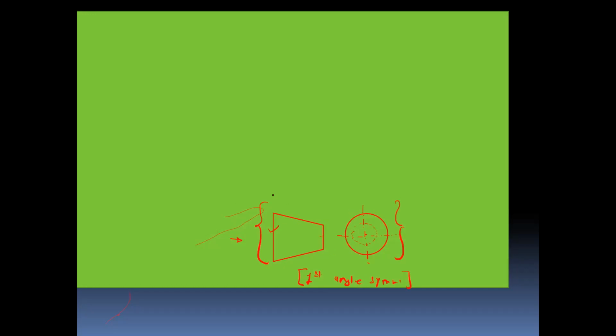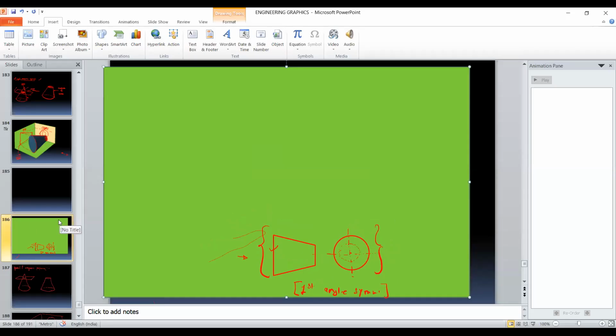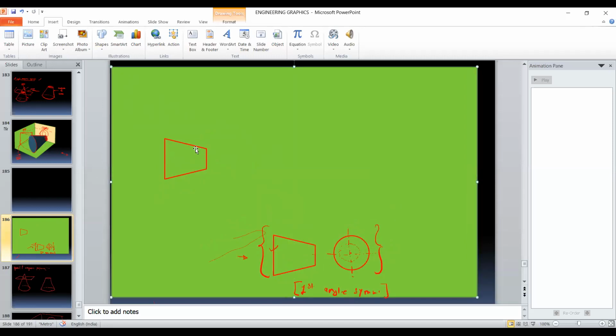So for that, you have to just imagine the frustum is kept in the third quadrant. So for the third angle projection, if this is the front view, then its left hand side view, it will lie on the left side only.